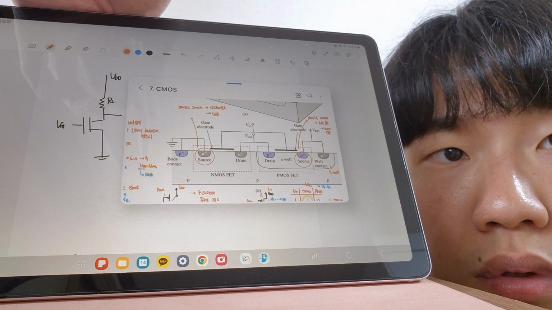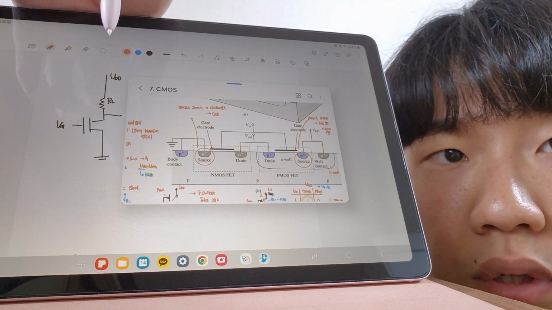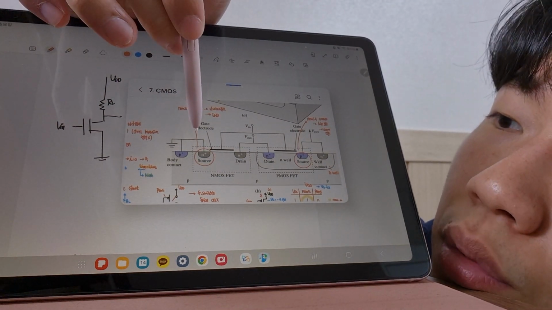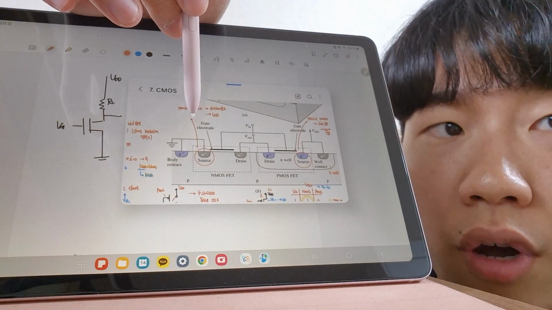Then for the n-type and NMOS source, we apply ground.